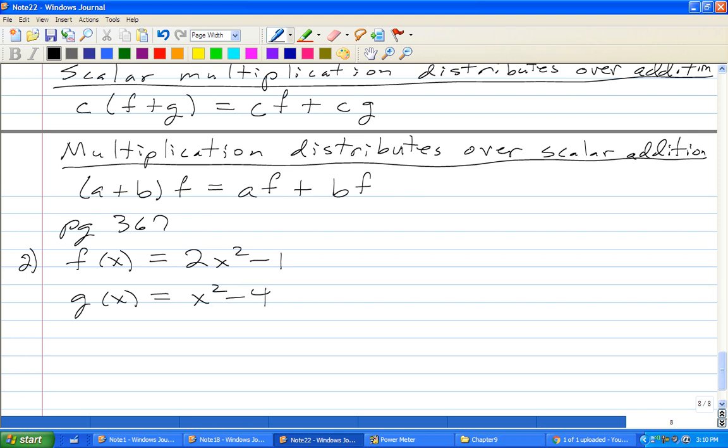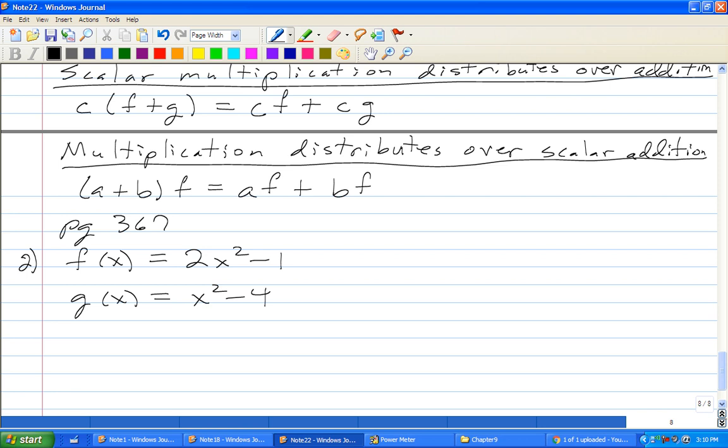Okay, so in exercises 1 through 14, use the given functions f and g to find a, f plus g, b, f minus g, c, f times g, d, f divided by g, e, 2 times f, f, 3 times g, g, 2 times f plus 3 times g, and h, 2f minus 3g. Okay, so there's several parts to this particular problem.